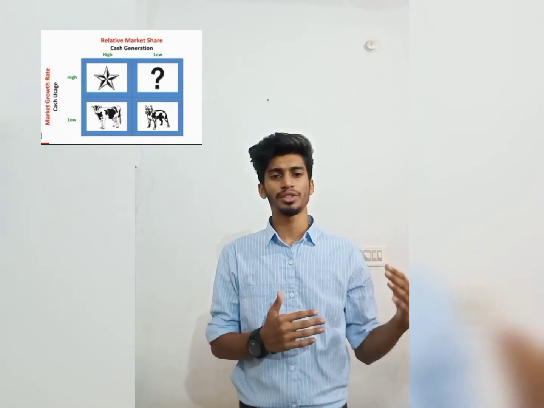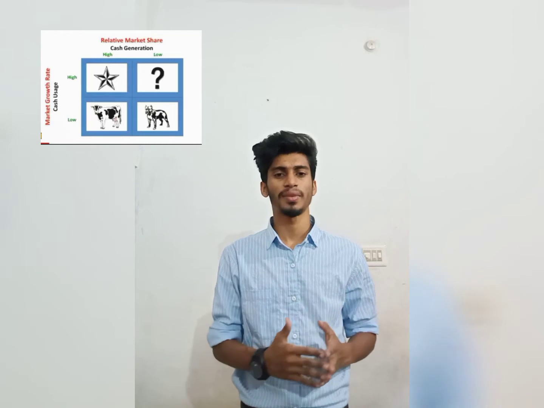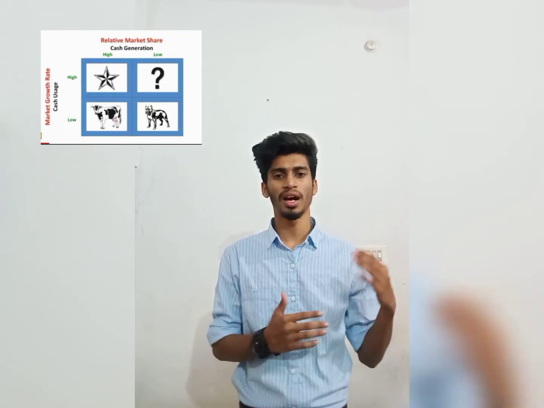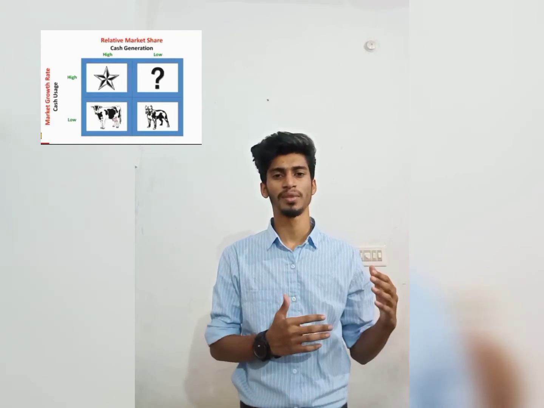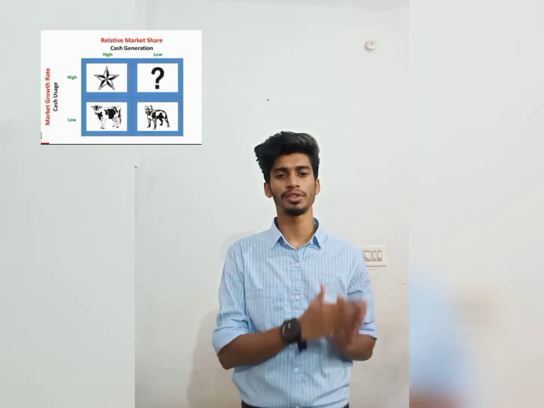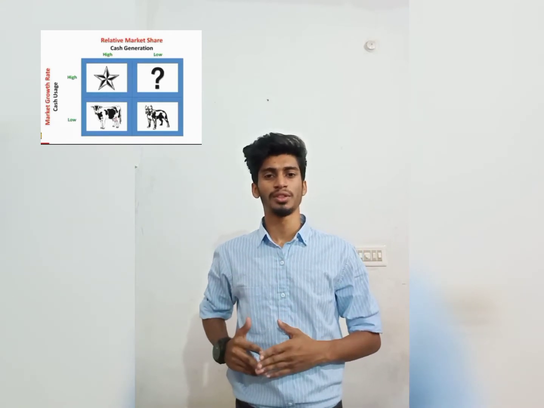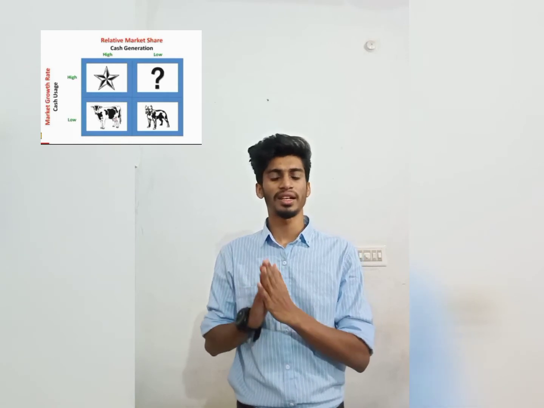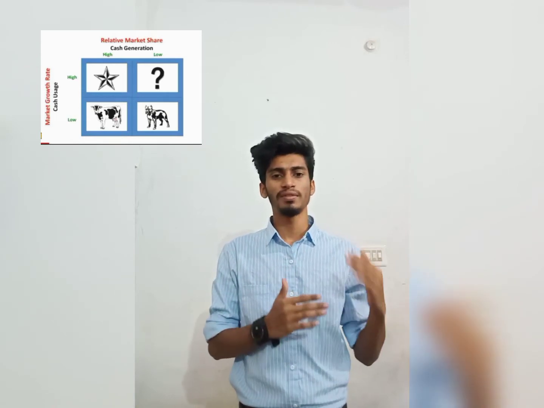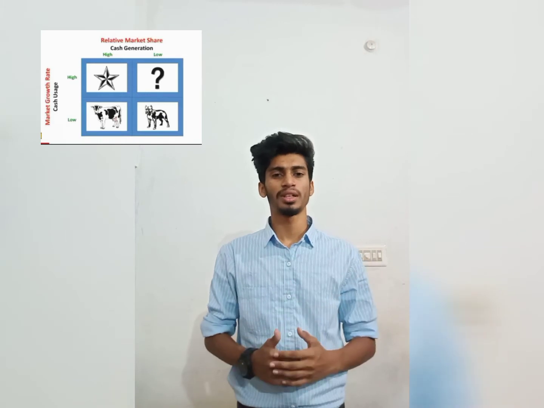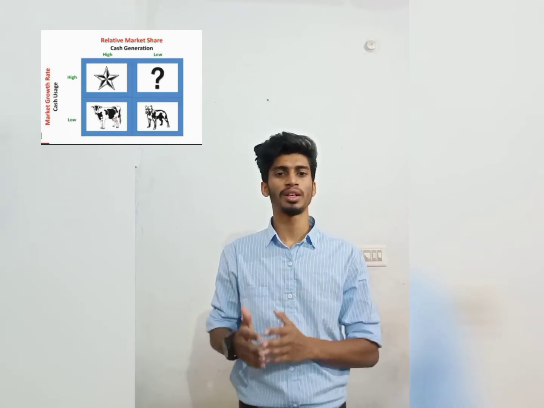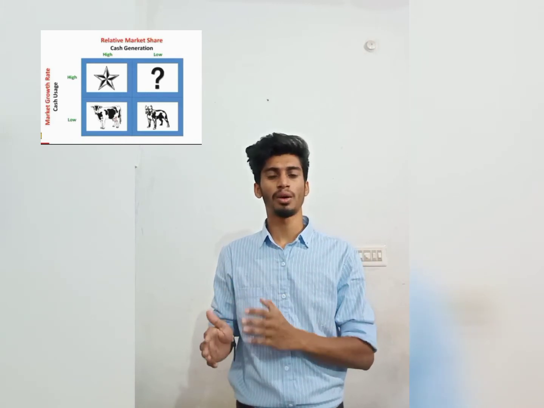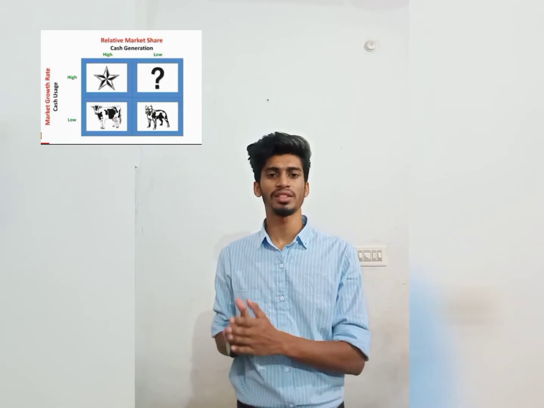So the question mark category is the building stage. If we add some money or investment in the question mark category, it will move to the star category, where the relative market share is very high. This is the hold stage.